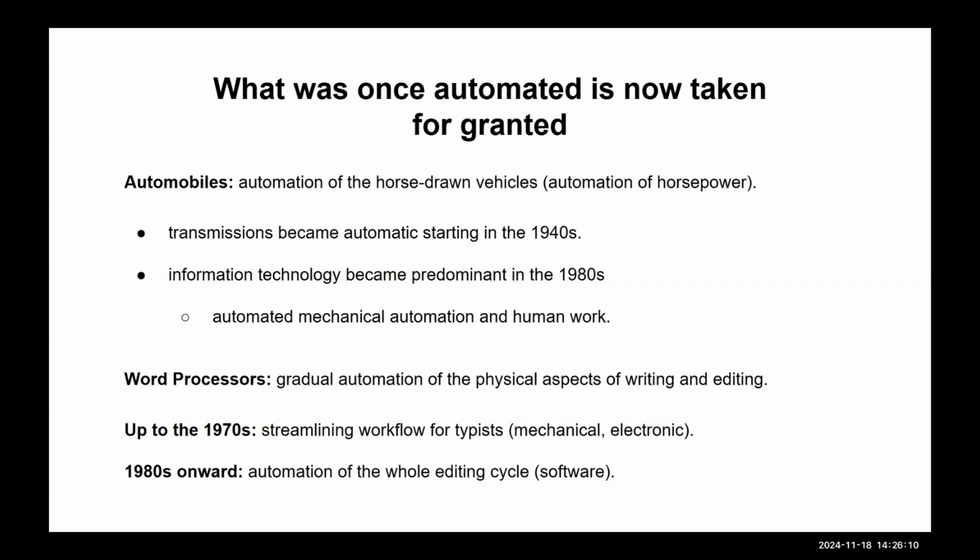So in the 1940s, we started to see automatic transmissions, which didn't require people to shift constantly. That improved performance, and it improved people's experience in the vehicle. And then beginning in the 1980s, we started to get information technology into vehicles, which automated some of this mechanical automation and automated some of the human work of driving.